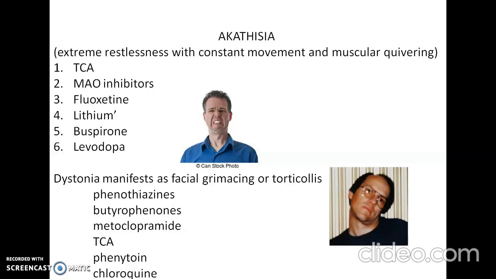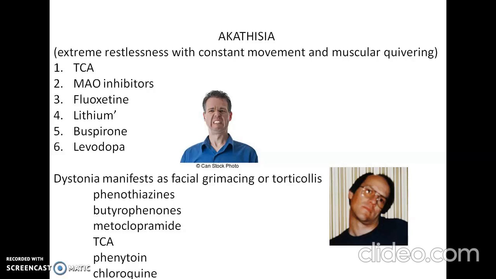dystonia manifestations, which can be observed in the person, like facial grimacing can be seen by observing the face. In this diagram we will come to know, like expression will be entirely changed with the person, or it may come across with torticollis condition.